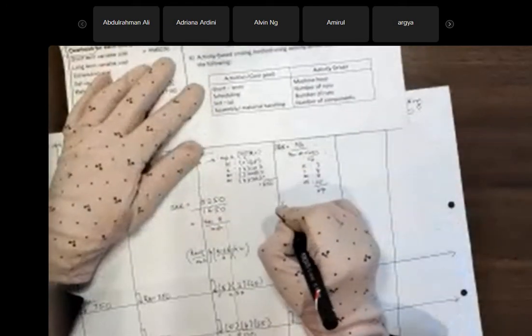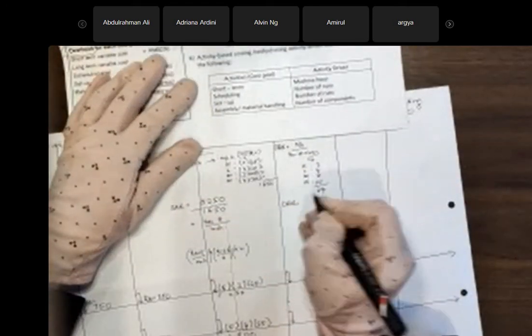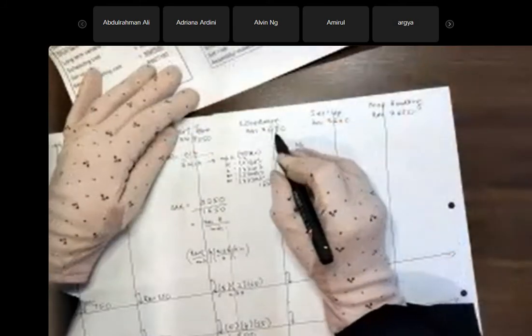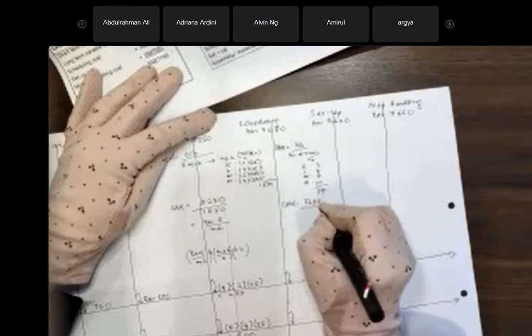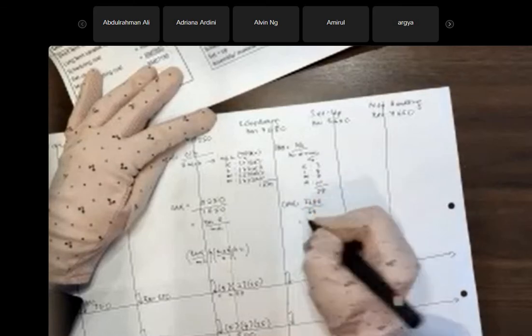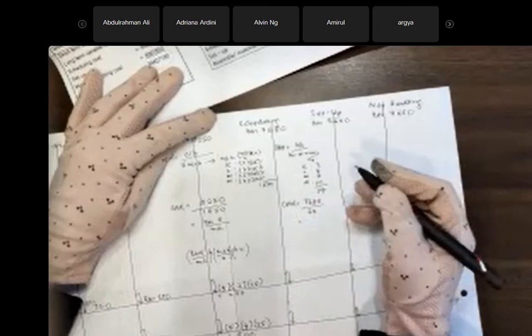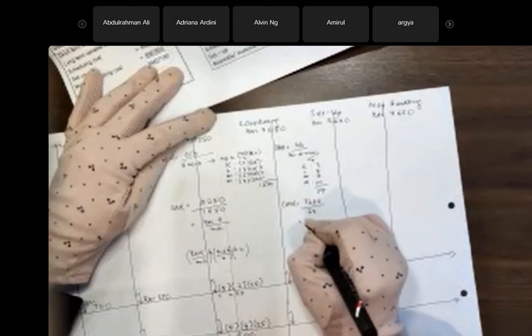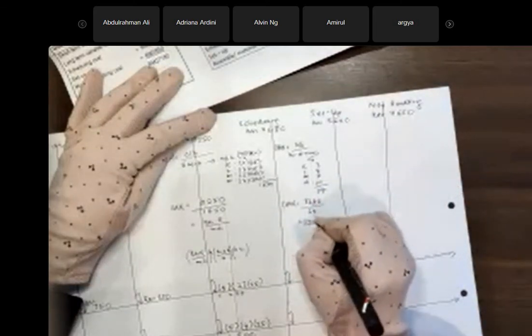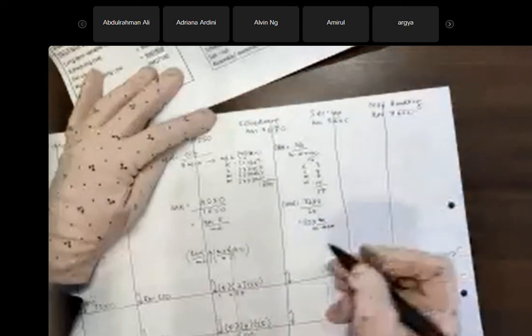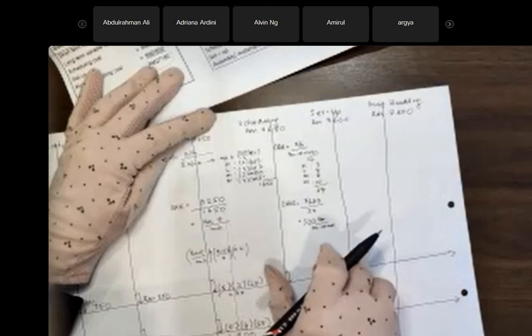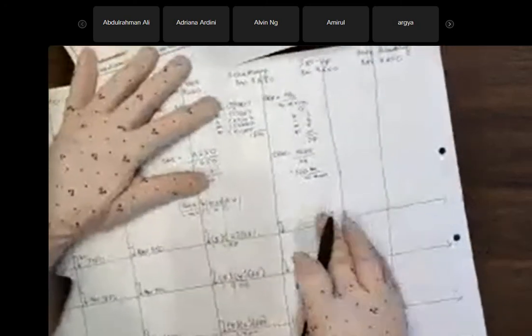So the OAR, the overhead, is scheduling: 7680 divided by 24, so you will get 320 RM per number of runs. Now to distribute, you have to know the unit must be in RM.